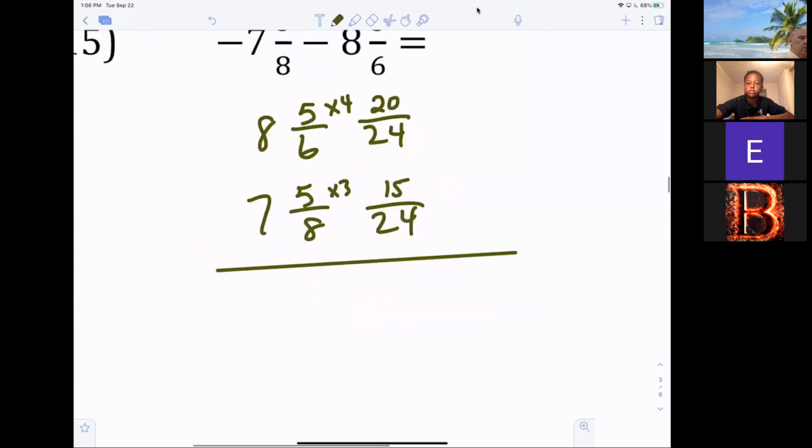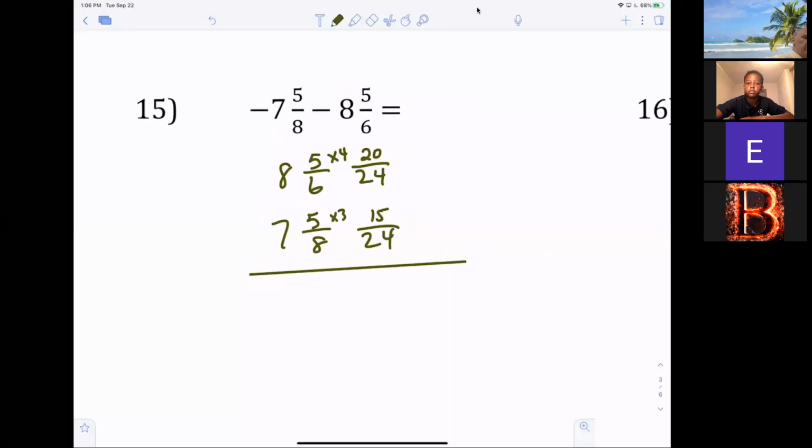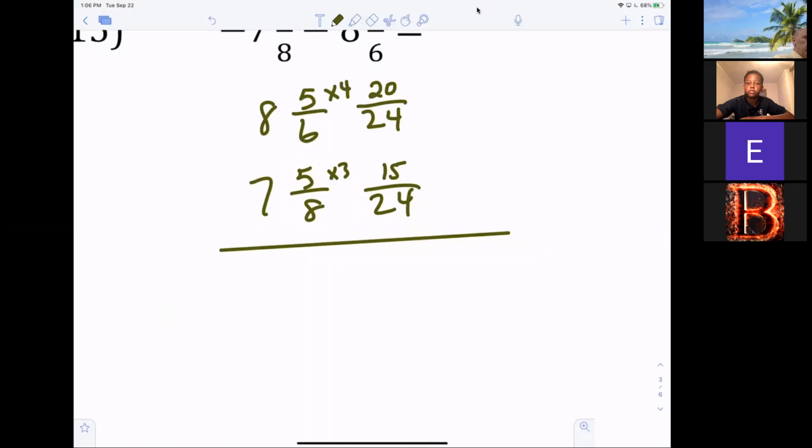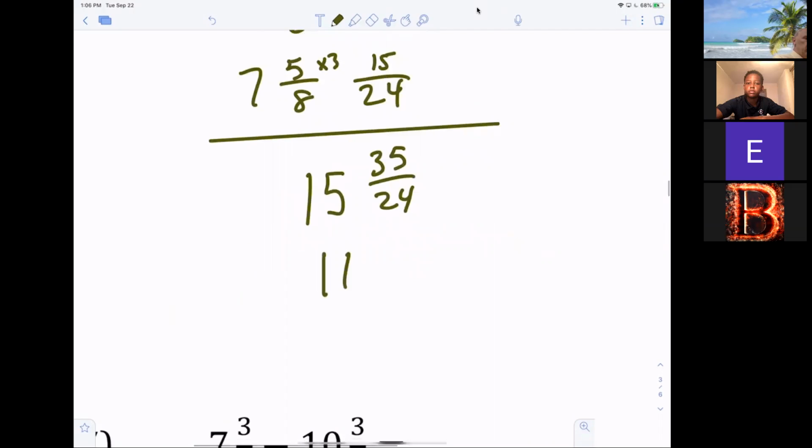Well, just tell me what's 8 plus 7, because you said you were adding them. Which is the same as 16 and 11 over 24.